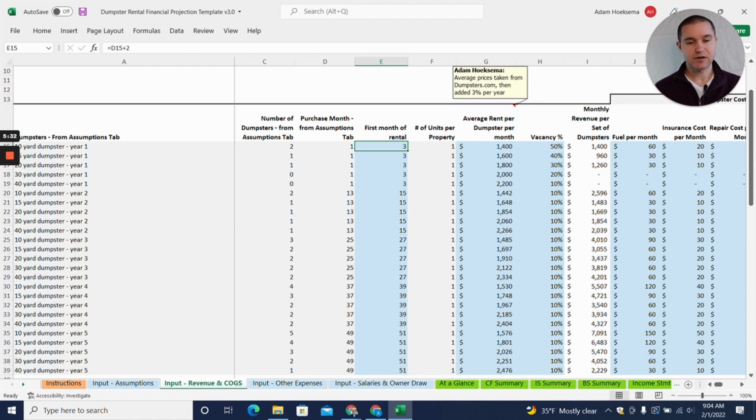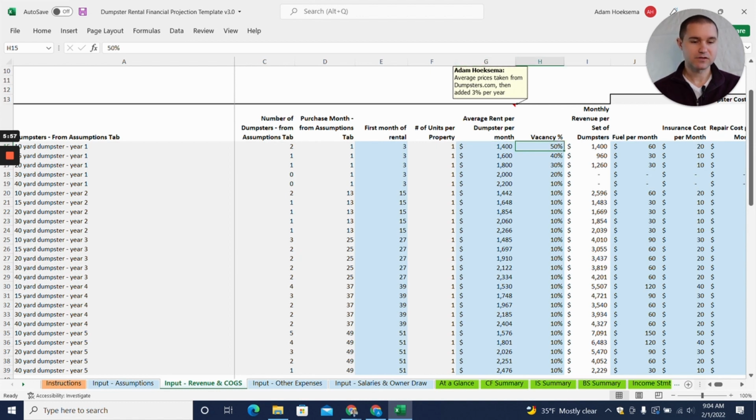But here we're saying, okay, we bought this dumpster in month 1. When's it going to be available for rent? Okay, so we're saying that it's available for rent in month 3, that all of them will be available for rent in month 3. And then we have an average rent per dumpster per month. So this is if the dumpster was rented for the whole month, what would that cost? What would the price be?